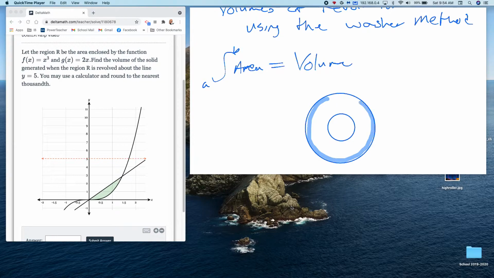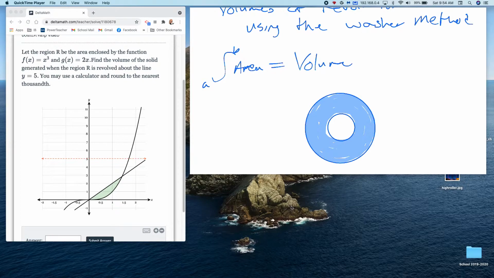This blue part that I'm shading is the solid part of what I would call a washer or a disc, or kind of like a donut shape.